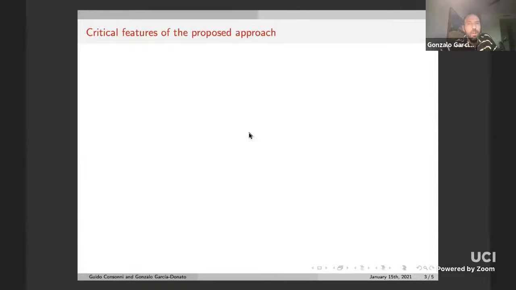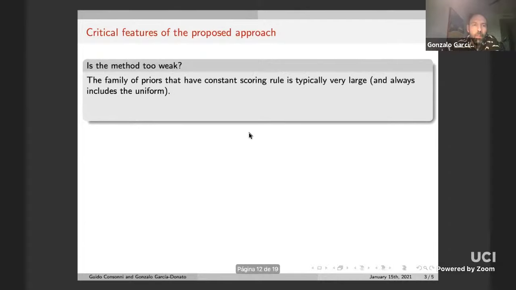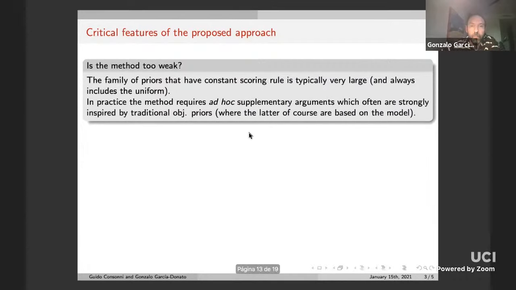And there are several critical features of the proposed approach. First of all, normally if you read a paper about priors, if you are a practitioner and you want to use these priors, you don't want that variety of possibilities. The family of priors you were describing in the main talk, the family of priors that have a constant scoring rule, is typically very large, and in particular it always includes the uniform.